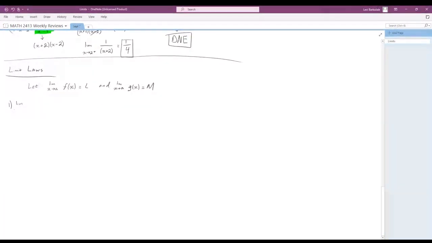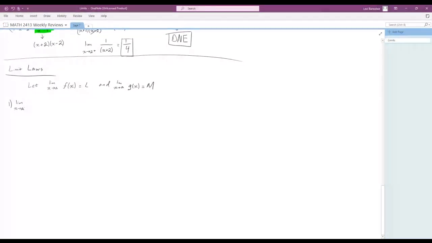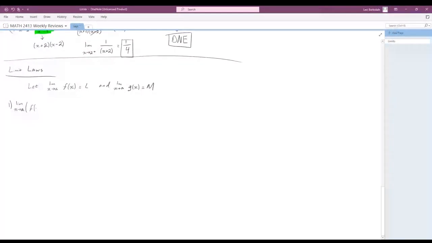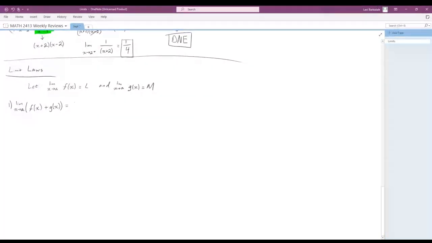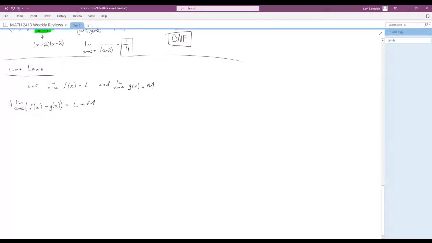We can say first off that the limit as x approaches a of the sum of these functions, f of x plus g of x, well then this would equal L plus M. The limit as f of x approaches a plus the limit as g of x approaches a.